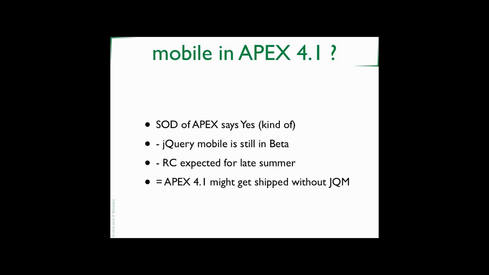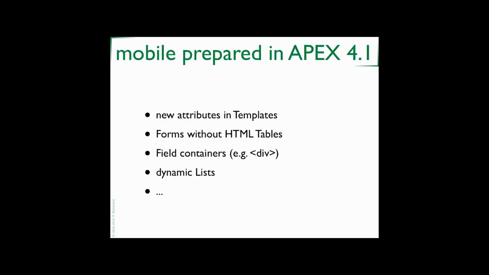So this might be September or October, we don't know for sure. That's not an official statement from Oracle or from jQuery, but my guess is Apex 4.1 might get shipped without jQuery Mobile, but it will get shipped with some kind of preparation support for better mobile.